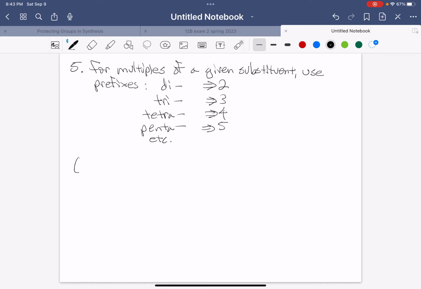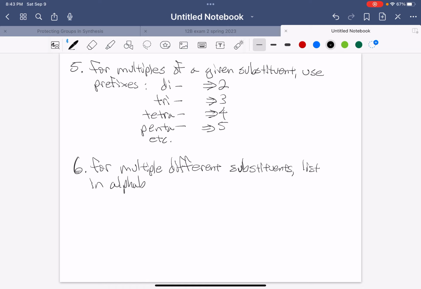Another thing to note is for multiple different substituents, we'll go ahead and list those in alphabetical order.